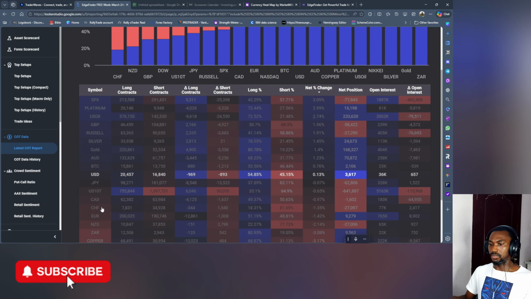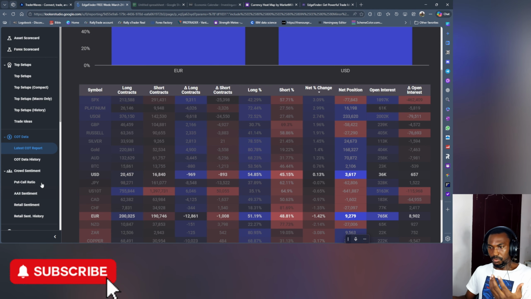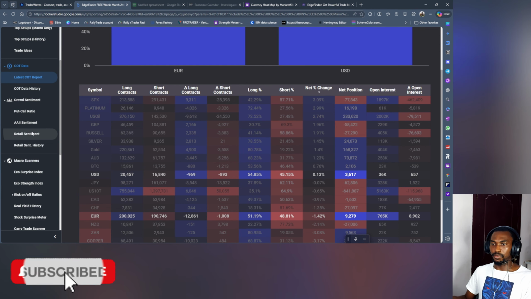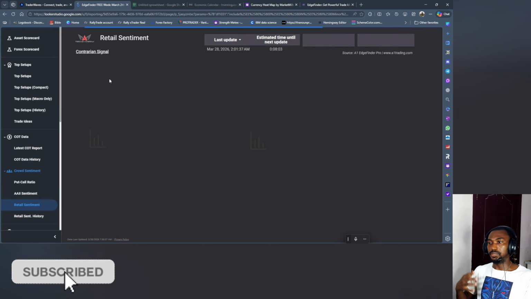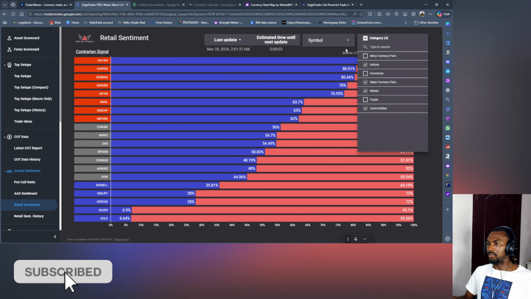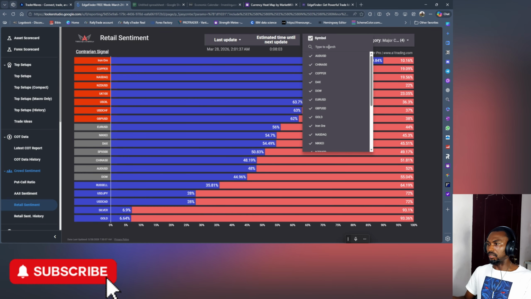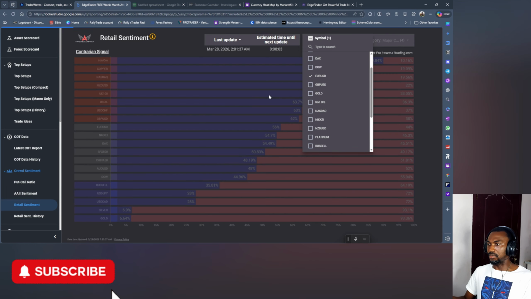You can see this is the US dollar, this is the euro. You can see that's going in deep. They have things like going deep into the retail sentiment to see what the retail sentiment really is as of now. I can aim for a specific pair, let's say the euro US dollar only.